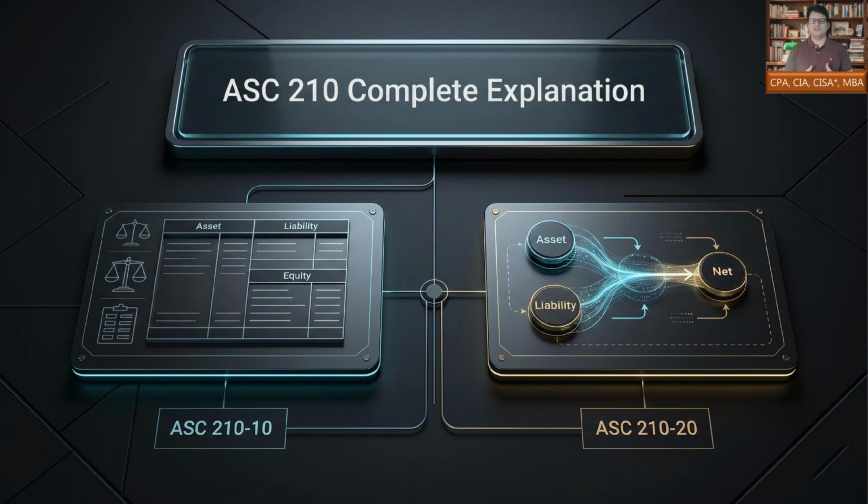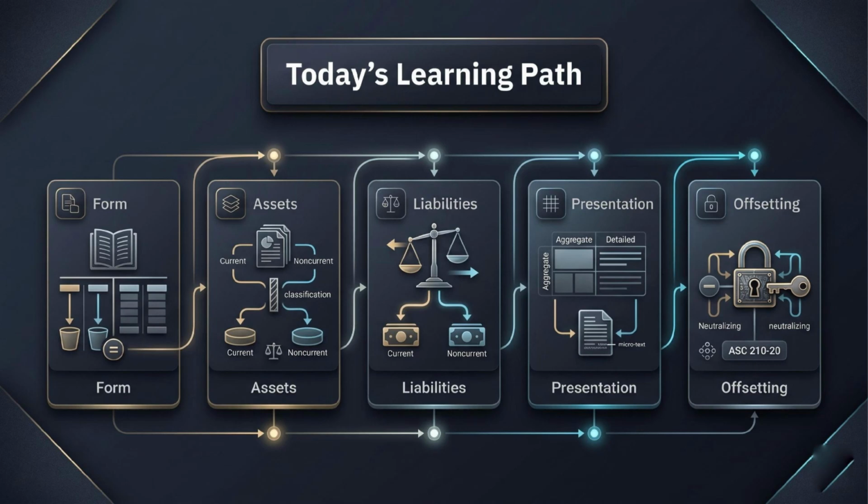First, we understand the structure, then we classify assets and liabilities, and finally, we decide whether amounts should be shown gross or net. Today's learning path has 5 focus stops: form, assets, liabilities, presentation, and offsetting. First, we will understand the balance sheet structure and the common layouts used in practice.